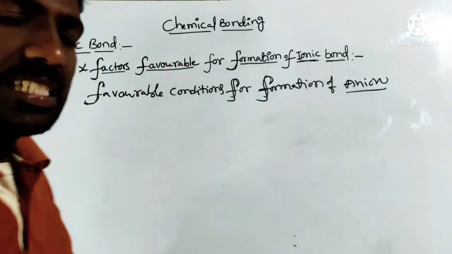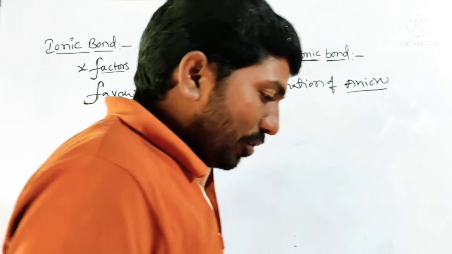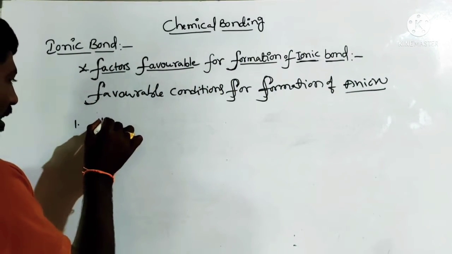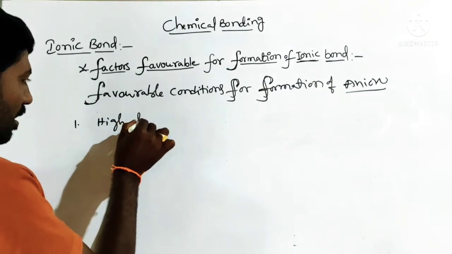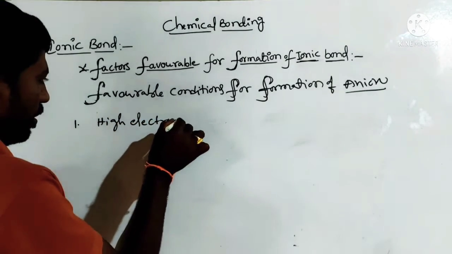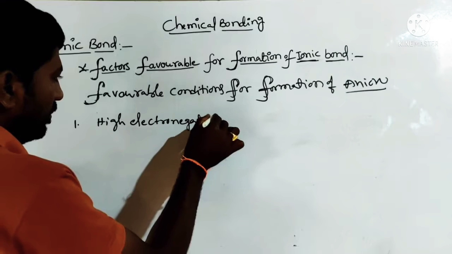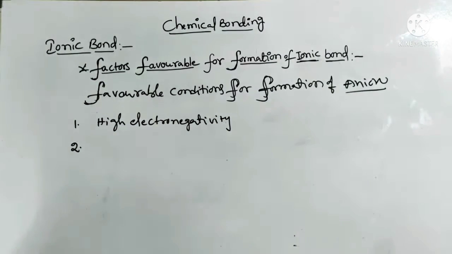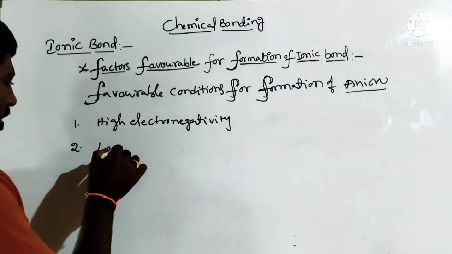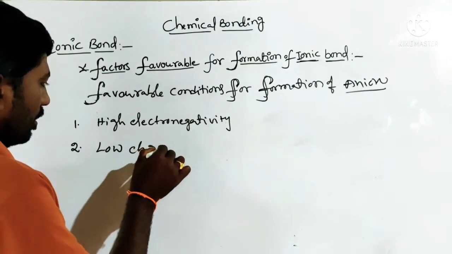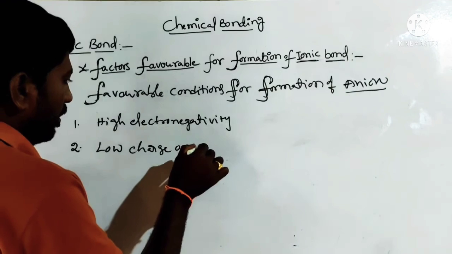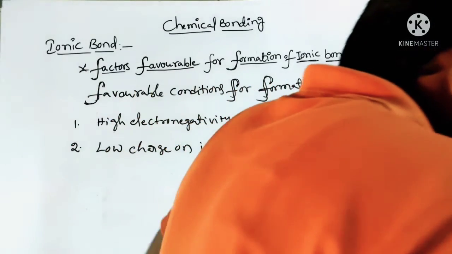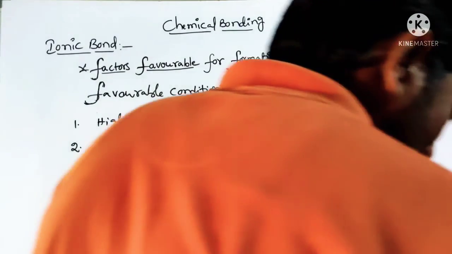So favorable conditions for formation of anion. First one, high electronegativity. Second one, low charge on ion.